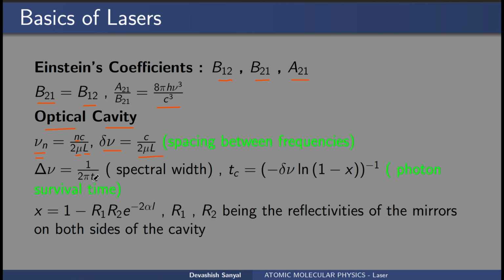And in an optical cavity we have this concept of spectral width. You won't get a very sharp line, but there will be a spread in the frequency of these frequencies nu n, that is given by 1 over 2 pi Tc. So this is the expression for spectral width. And what is Tc?